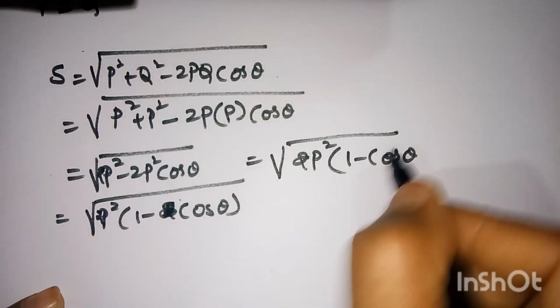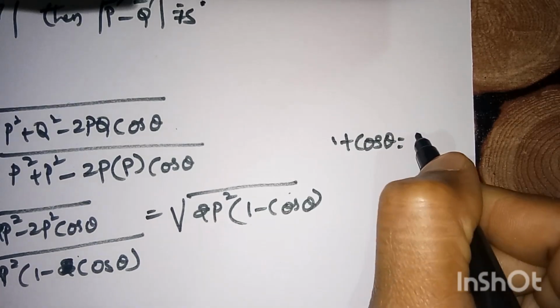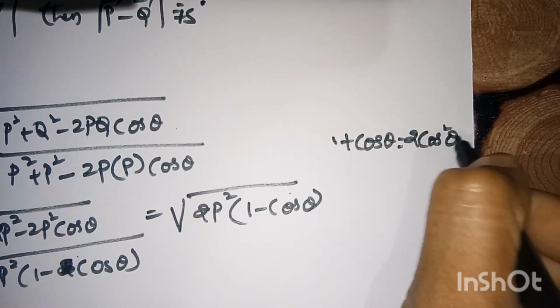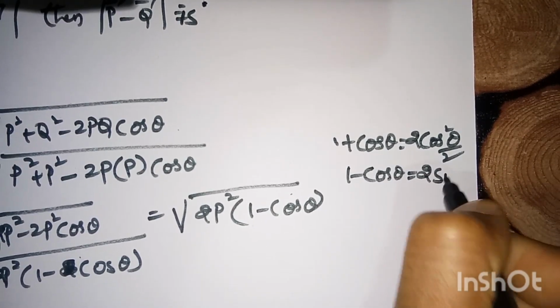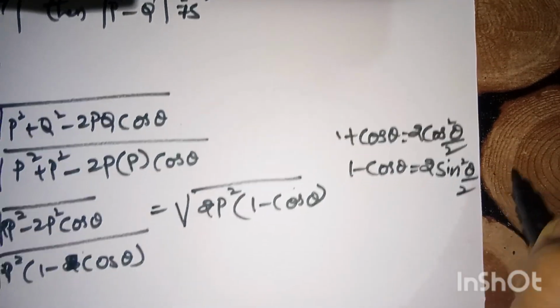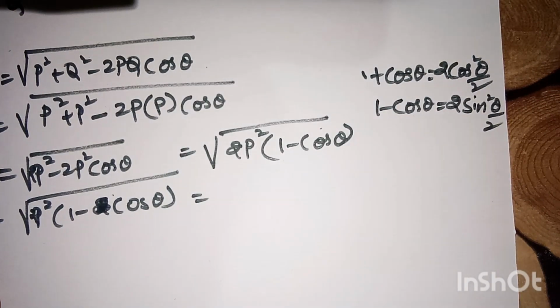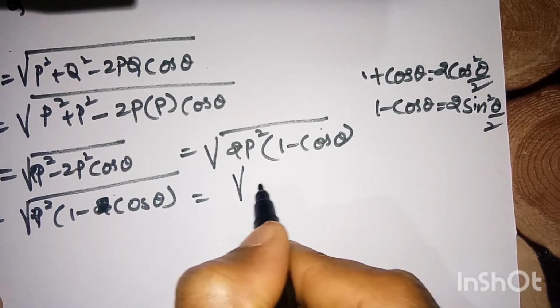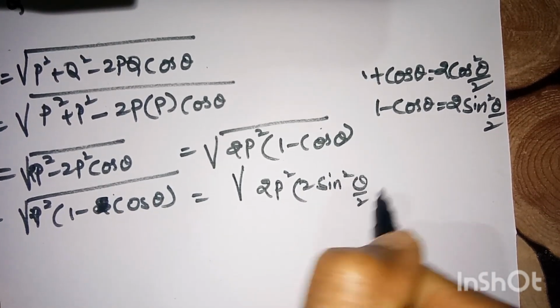You know that 1 plus cos theta is 2 cos square theta by 2. 1 minus cos theta is 2 sin square theta by 2. So substitute here: 2p square into 2 sin square theta by 2.